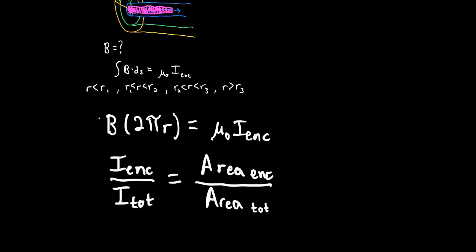This will always work as long as your current is uniformly spread. The enclosed current over the total current is the same ratio as the total enclosed area divided by the total area.